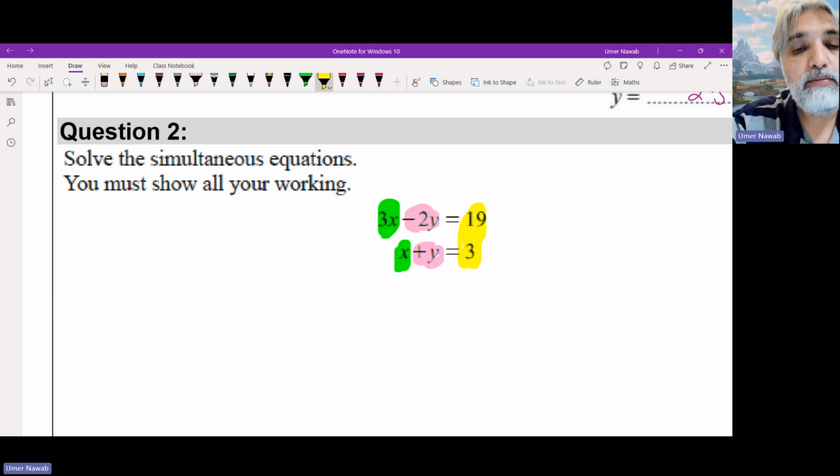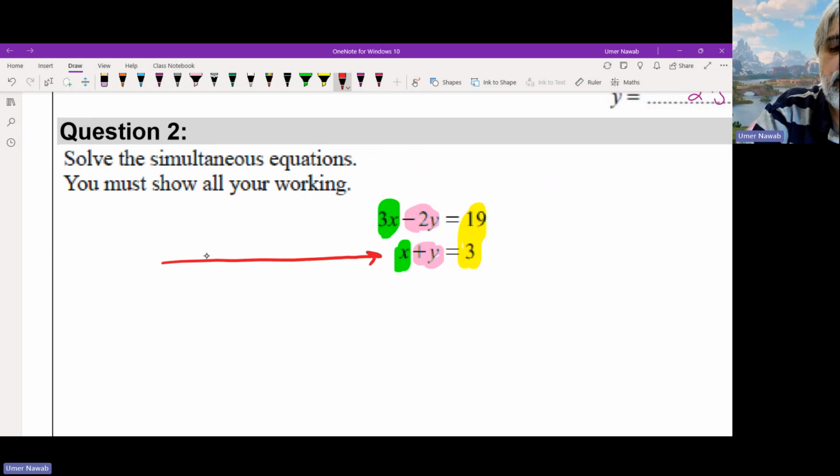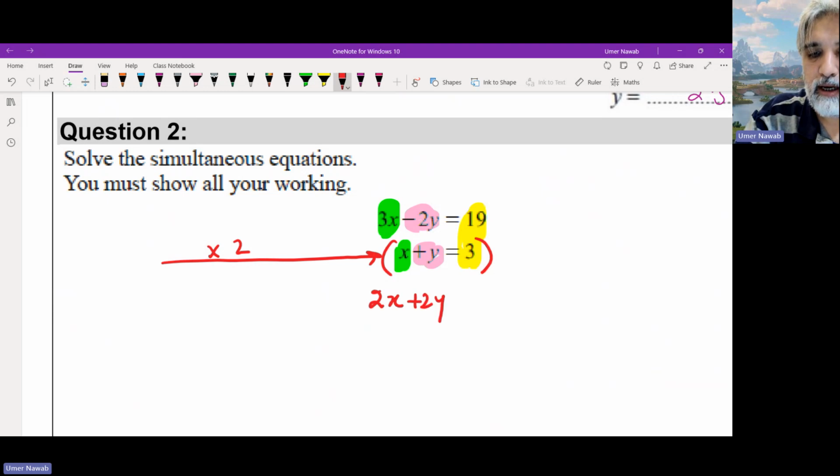So which one is more convenient? The more convenient option is if the second equation is multiplied with 2. So the x will change to 2x, the plus y will change to 2y, and the 3 will change to 6.